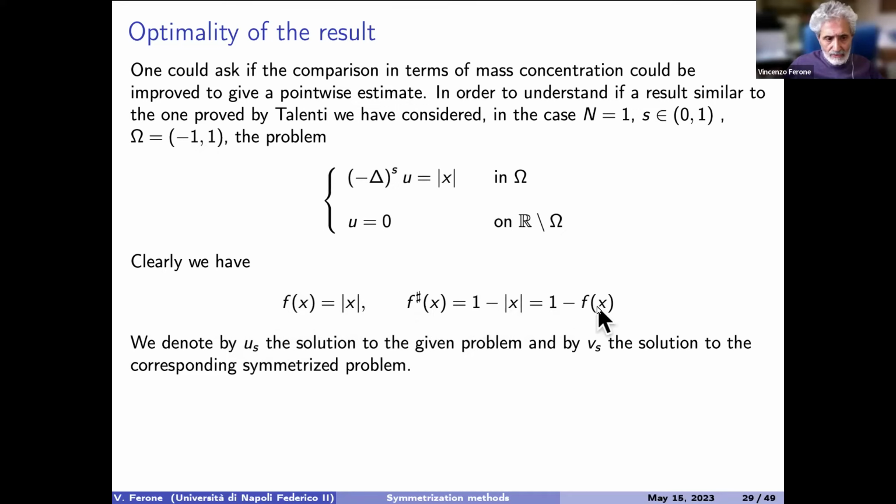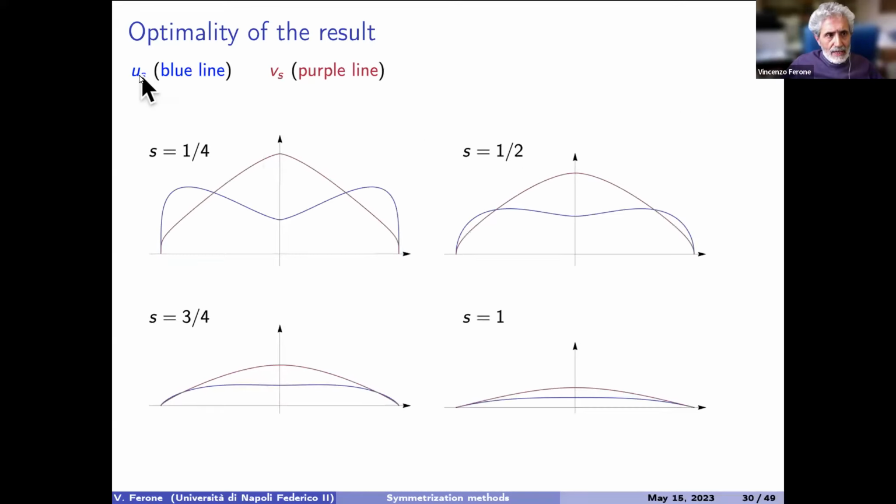And then one can compute explicitly, can write down some integrals, which give you the solution to this problem and to the symmetrized problem. If I denote by u_s the solution to the given problem corresponding to the choice of s with the blue line, and the purple line for the symmetrized one, here there are some plots of the solutions.